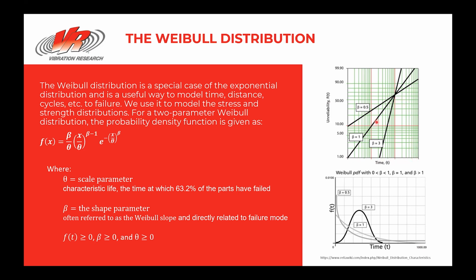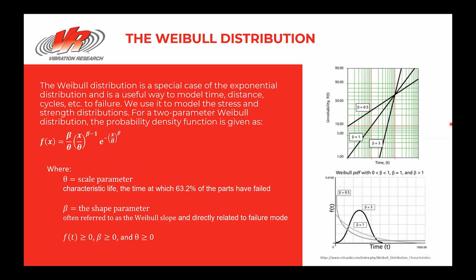This is shown in this top graph for 3 different Weibull slopes, every failure mode having a unique Weibull slope. So one failure mode might have a slope of 3, another one might have a slope of 1, another one might have a slope of 0.5. And making this into a linearized graph makes it easy to read and to understand.